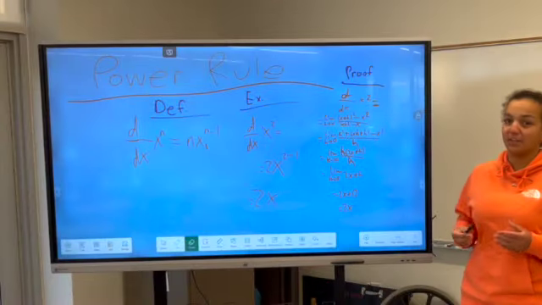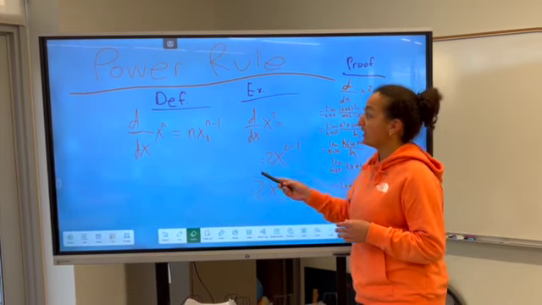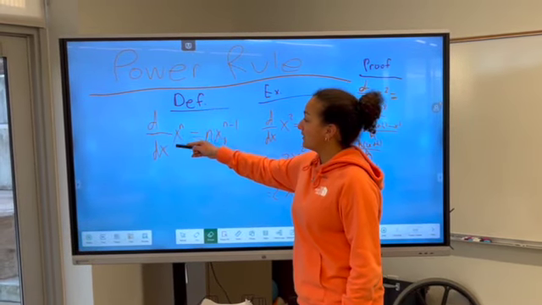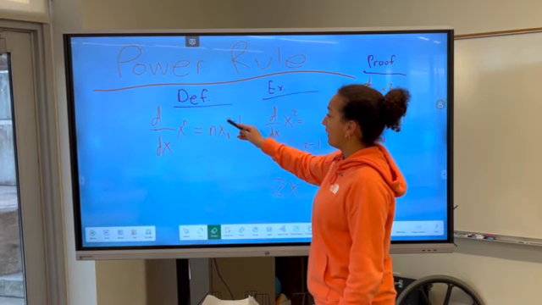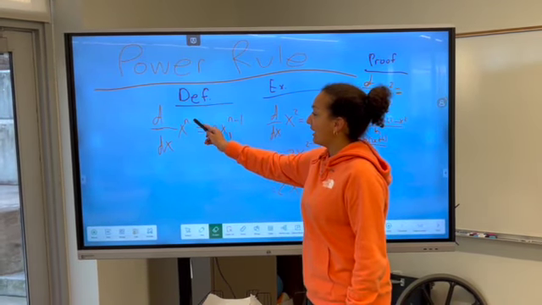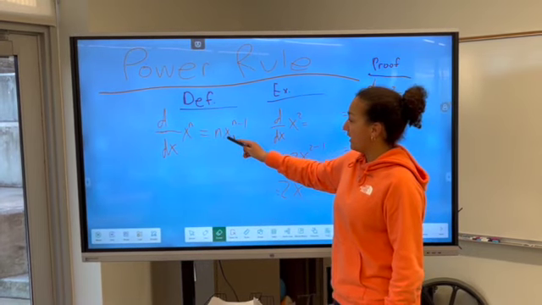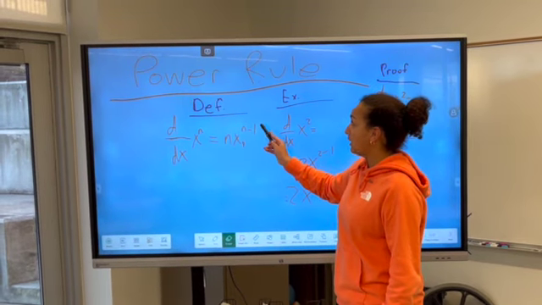And then, to go deeper into the power rule, we have a shortcut here. The definition of the power rule is the derivative of x to the n equals n times x to the n minus 1. Here, we took the power down in front and made it the coefficient, and then we subtracted 1 from the exponent.